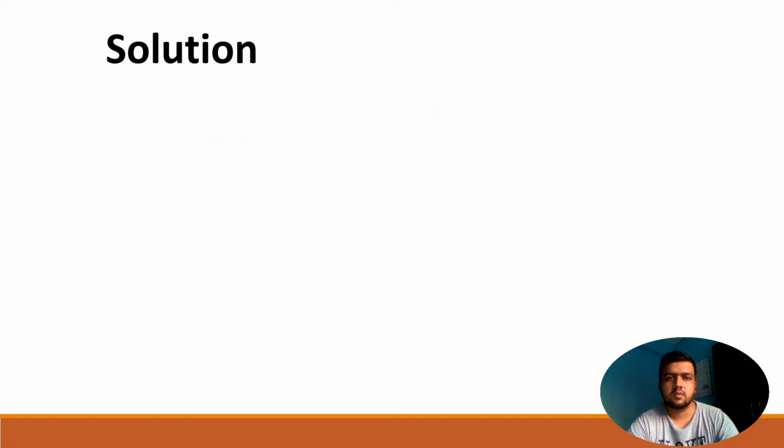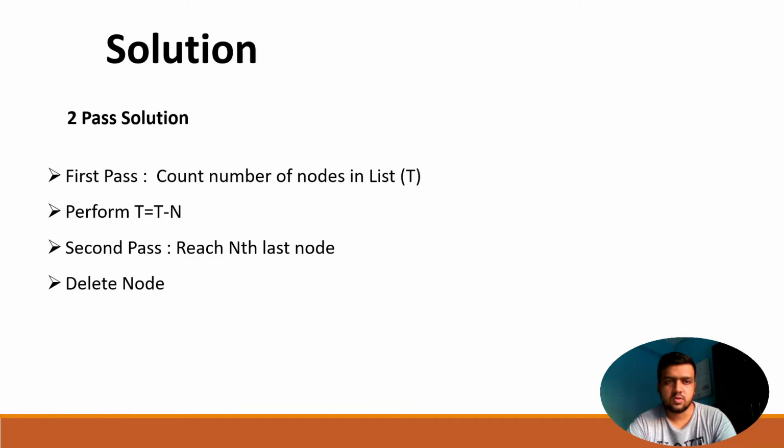In terms of solution of this problem, we have two kinds of solution that are possible, at least for me. First of all is the two-pass solution. The two-pass solution is also an order of n solution, but it has two traversals of the list.